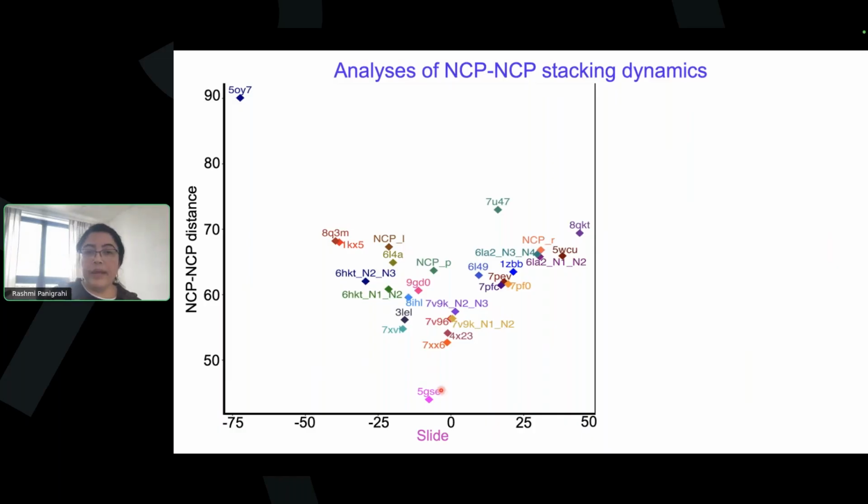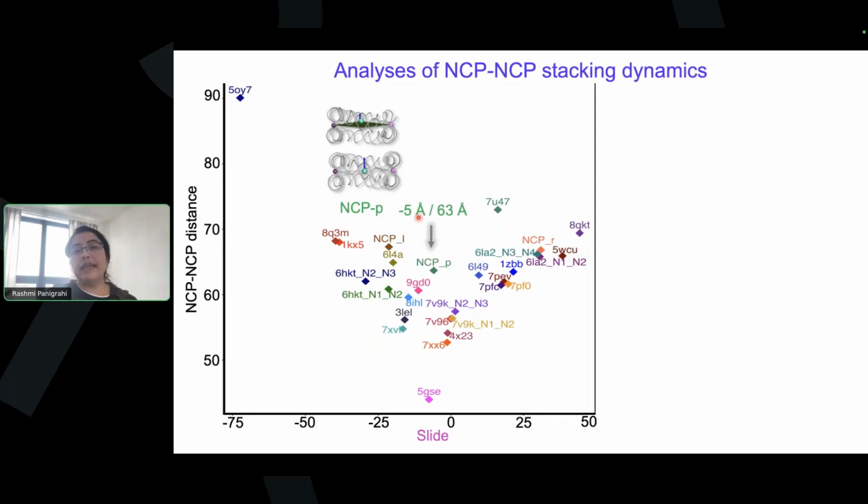Now, where are our structures, for instance? We have NCP parallel stack over here, which has very little negative slide, and the NCP-NCP distance is 63. And then we have NCP right offset stack, which has a little bit higher slide, as you can see visually as well, which is 30 angstroms, and the distance between the two NCPs is 66 angstroms.